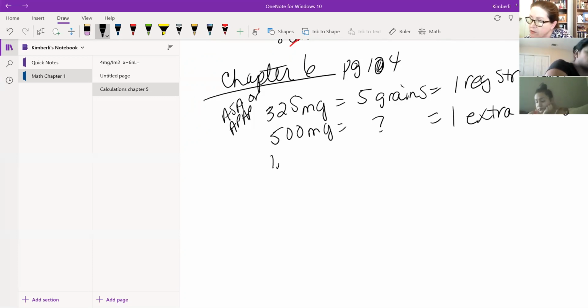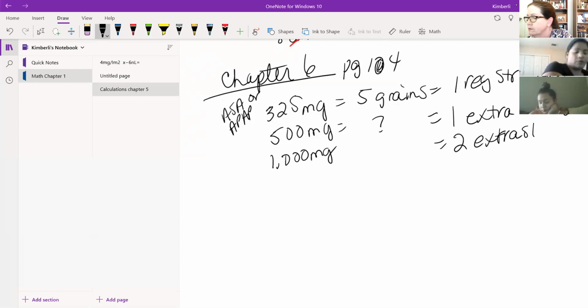However, 1,000 milligrams is the maximum dose for both of those things, or 2 extra strength tablets. And that's the maximum dose of one dose of those medications. In fact, they recommend that you take 2 regular strength instead of the extra strength. Okay, so let's look at practice problems A on page 107.